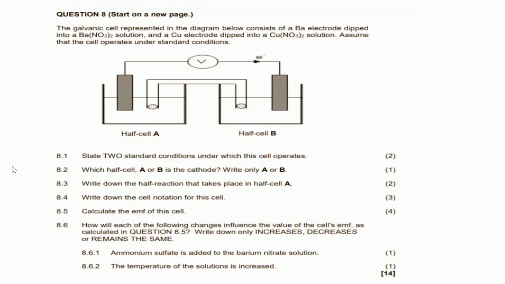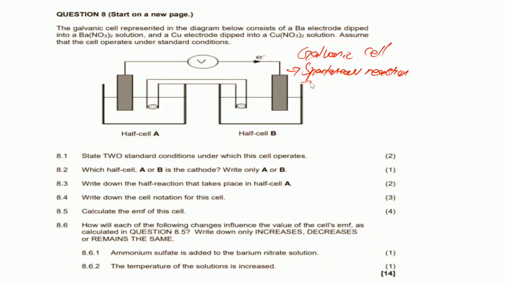Then 8.6.2 says the temperature of the solution is increased. For a galvanic cell, we have to understand this: a galvanic cell by nature is a spontaneous reaction. We call it a spontaneous reaction because it does not need a power source, so this one does not need any additional heat.